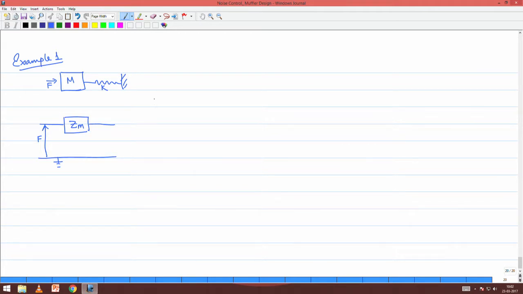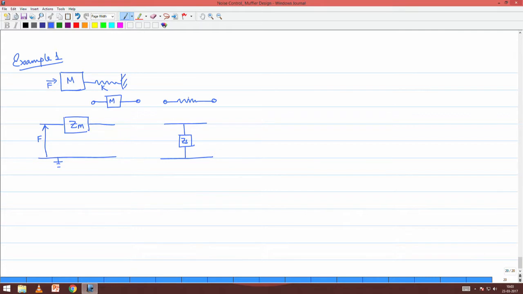Similarly, if we detach the two elements, the mass and the spring, the mass element corresponds to this electrical circuit, and the electrical circuit corresponding to the spring mechanical element will be this, as has been derived in the previous class.